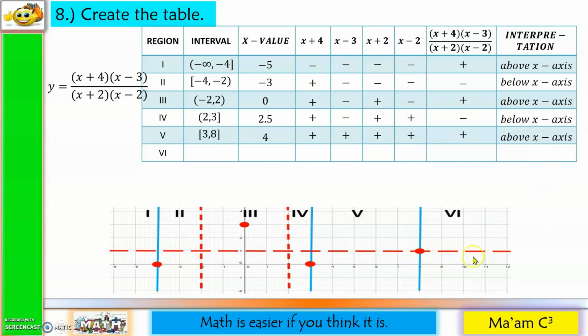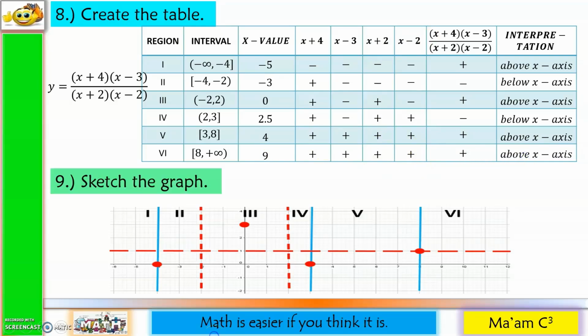And last one for region 6, that is from positive 8 to positive infinity. So 8 to positive infinity. Let us assign a value. Let us say 9. 9 plus 4 positive. 9 minus 3 positive. 9 plus 2 positive. 9 minus 2 positive. Once again, no negative. So this is positive, above the x-axis.